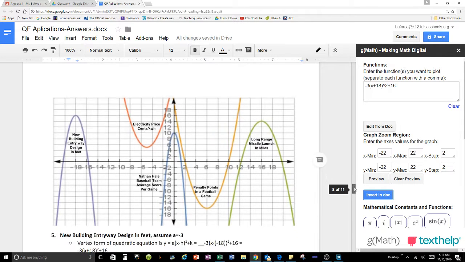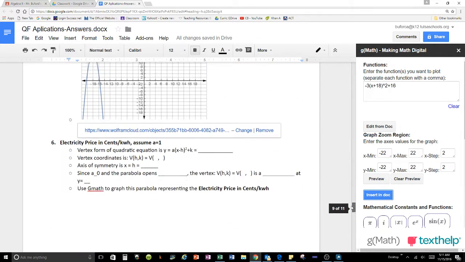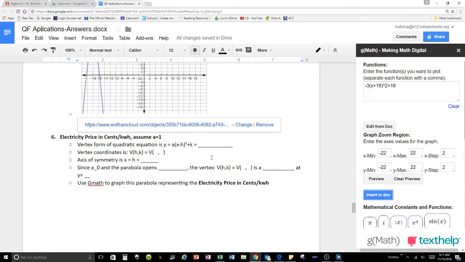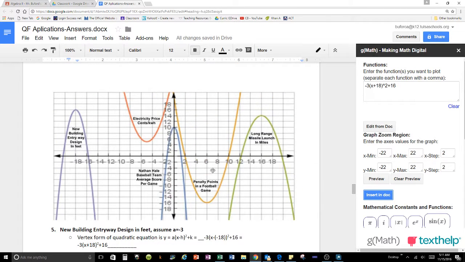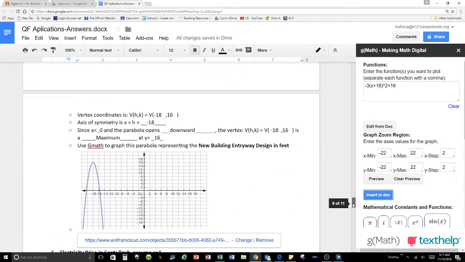So let's go down and plug and chug. Here our electricity price, and our a value is 1, which means that since it's greater than 0, our parabola must open upward. And we see it does. It opens upward, and this vertex here is at a minimum because it's at the bottom of the parabola. But let's just go ahead and finish that.